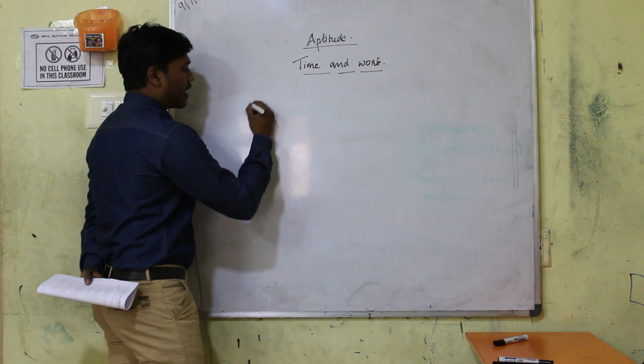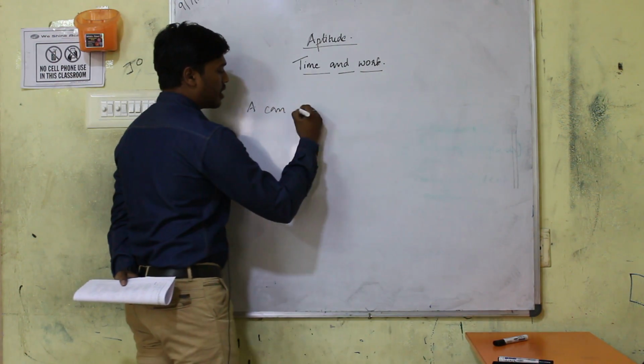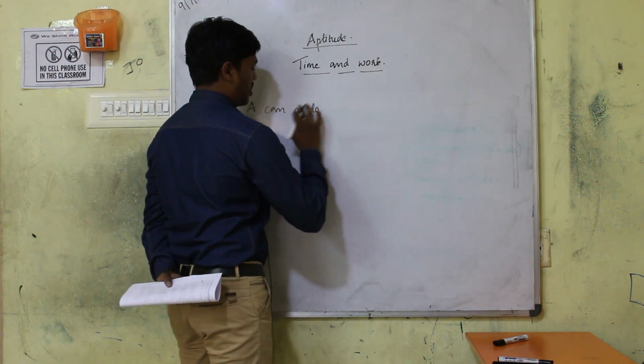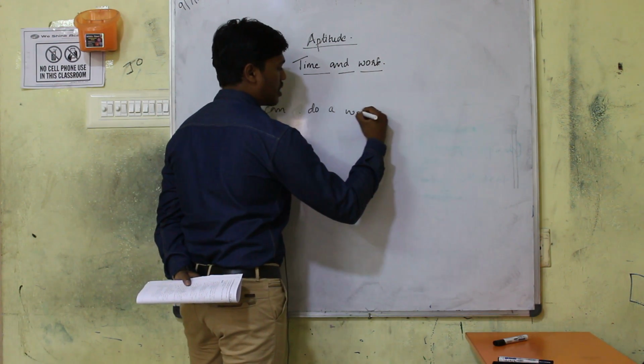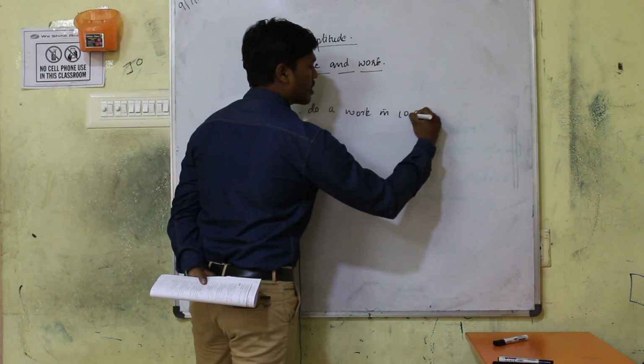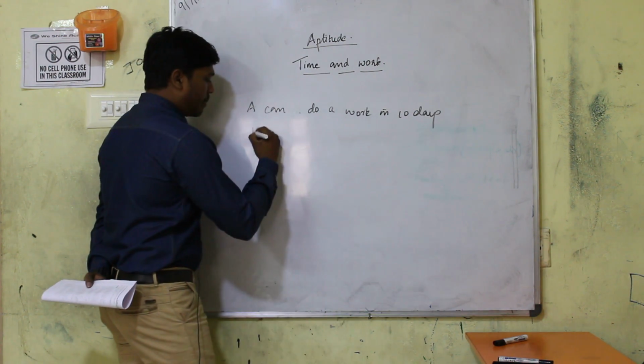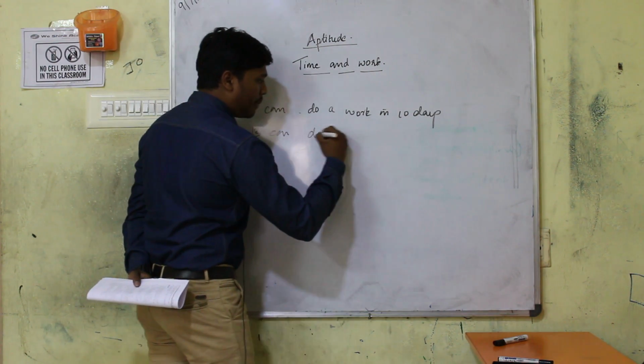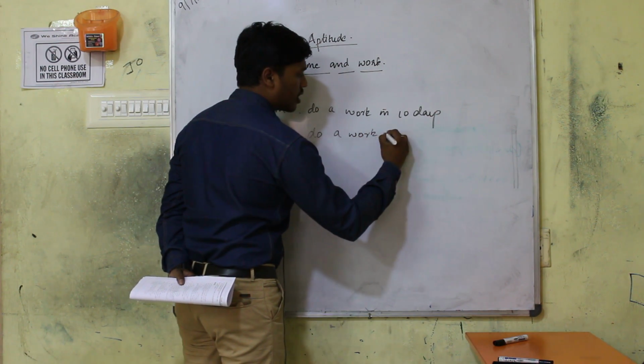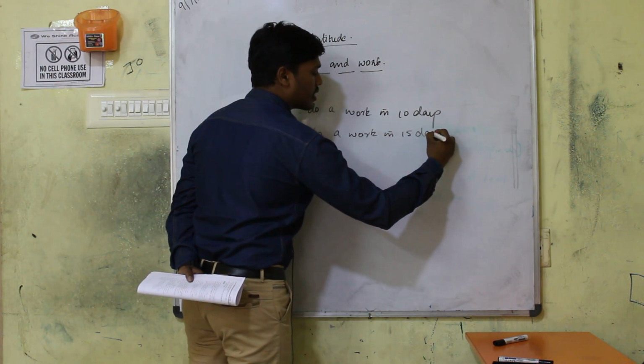If a person A can do a work in 10 days, another person B can do the same piece of work in 15 days.